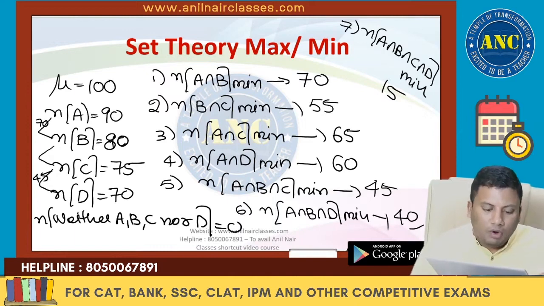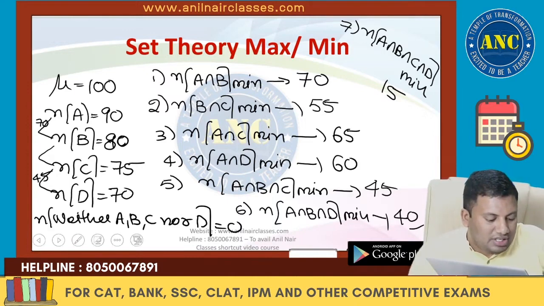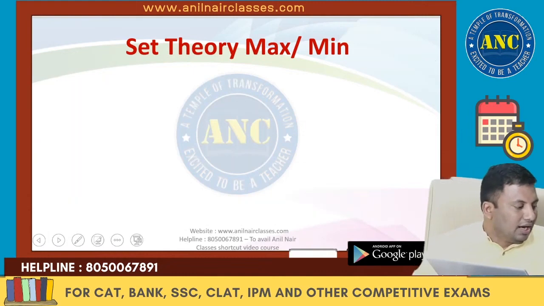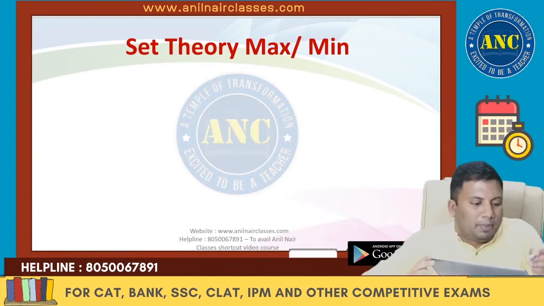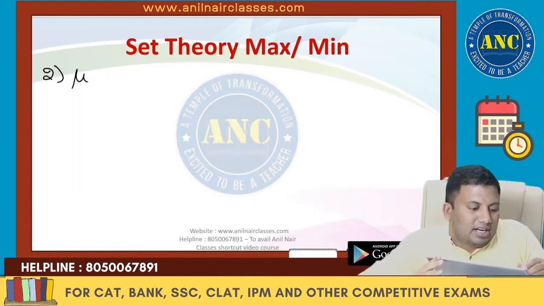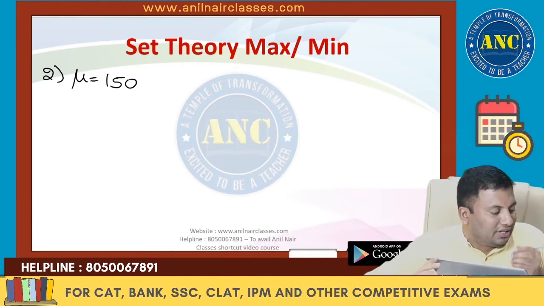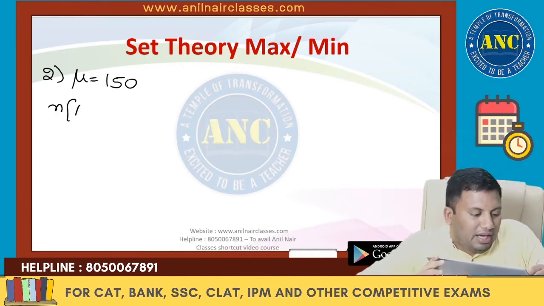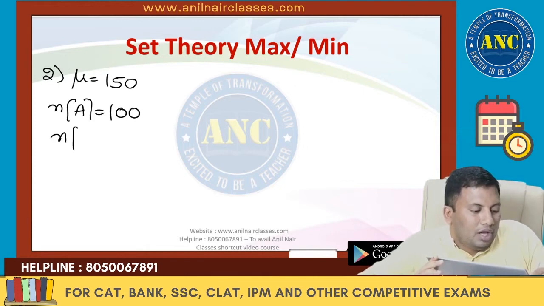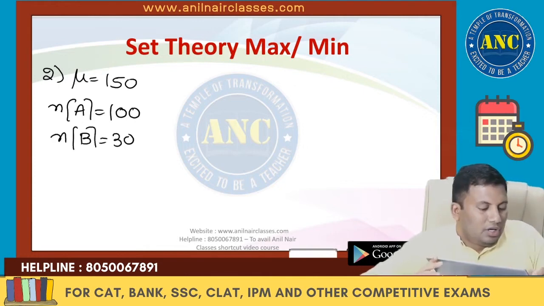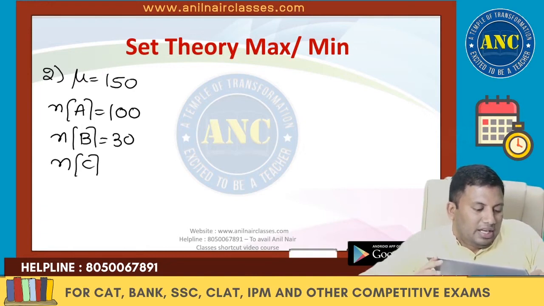Next, one more question which we will solve, which is a CAT replica question. Mu is nothing but 150. N of A is nothing but 100. N of B is nothing but 30. N of C is nothing but 75.